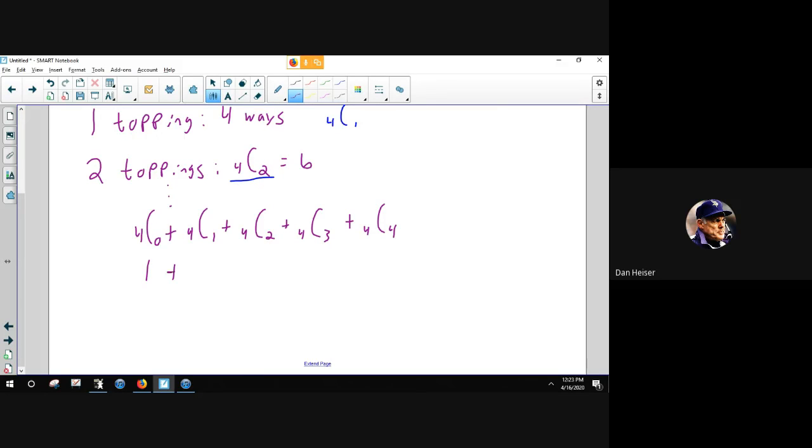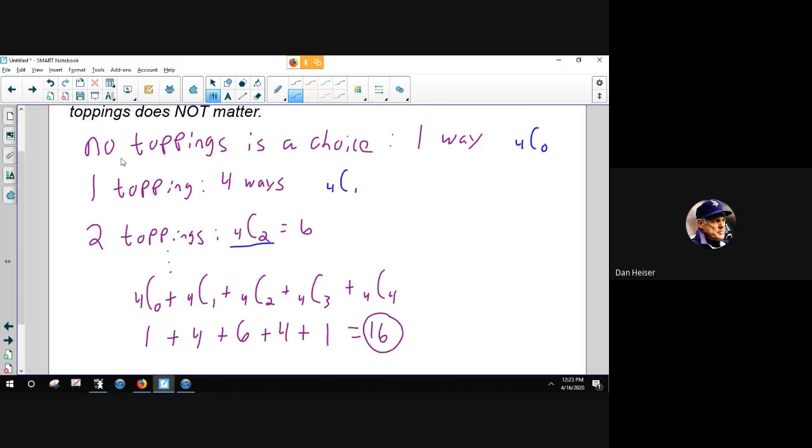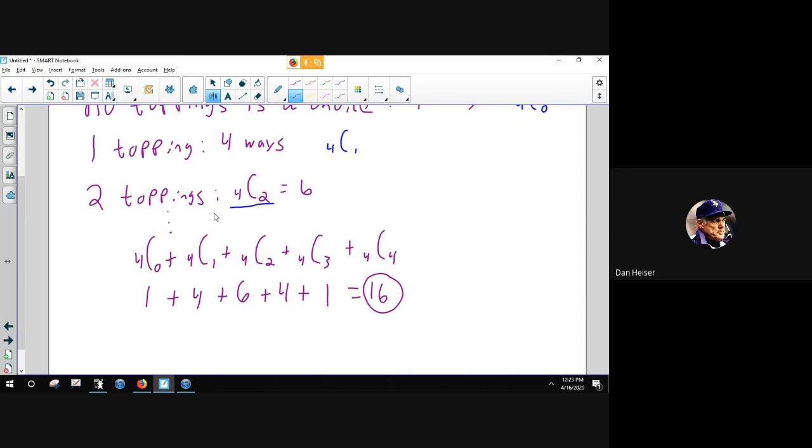This is 1, 4, 6, 4C2 is 6, 4C3 is 4 again, and then this is 1. So if we add all these up, there are 16 ways that we can create a bowl of vanilla ice cream, choosing among 4 toppings. Choosing no toppings, 1, 2, 3, or 4.